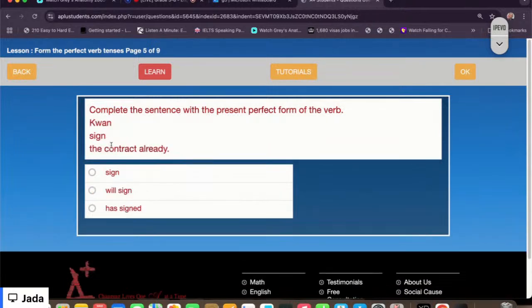All right, so Kwan signs the contract already. Present perfect form. Sign, will sign, or has signed.